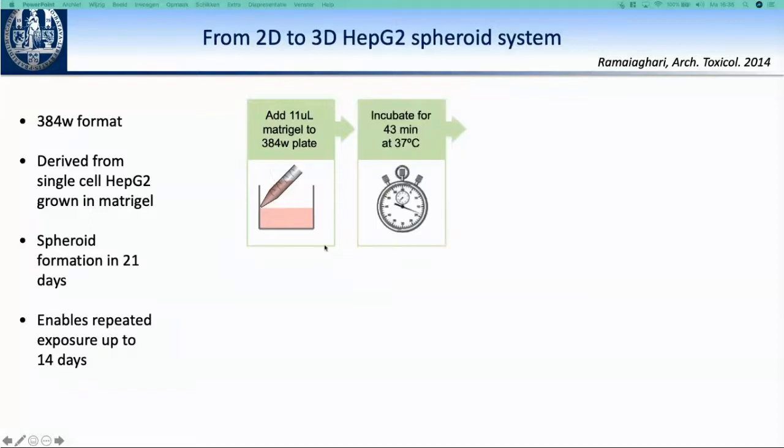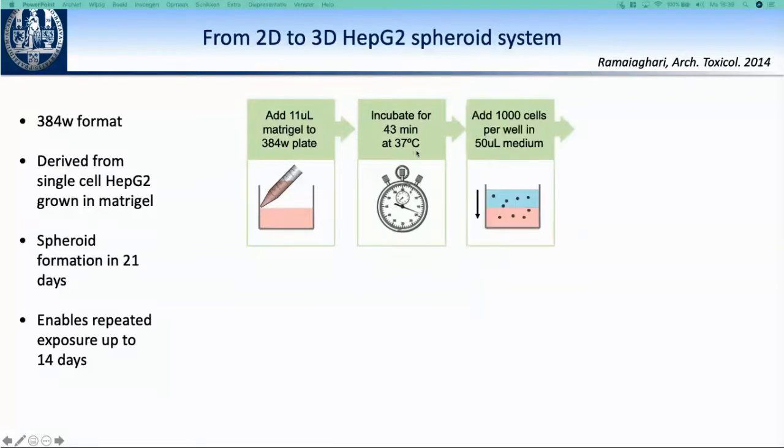And then these plates, which contain only Matrigel in each well, are incubated for exactly 43 minutes at 37 degrees in the incubator. This allows the Matrigel to solidify somewhat. After these 43 minutes, 1,000 cells per well are added, contained in 50 microliters of medium.